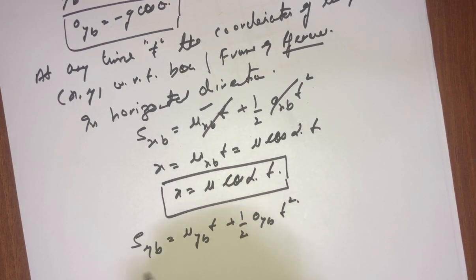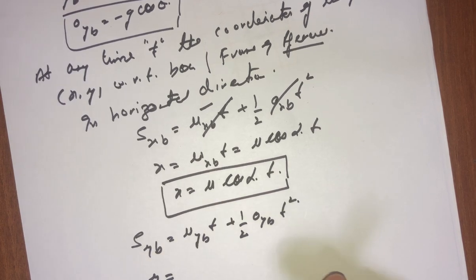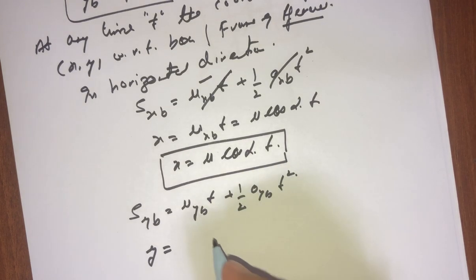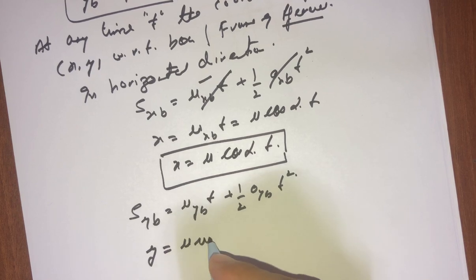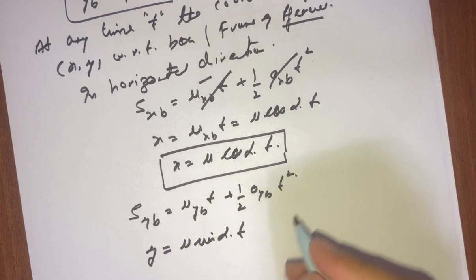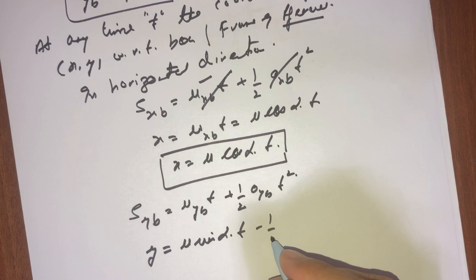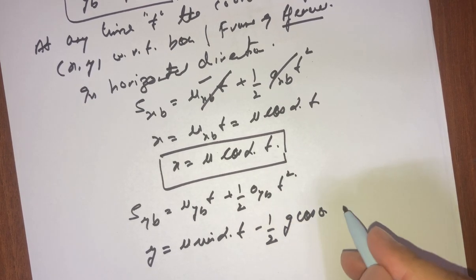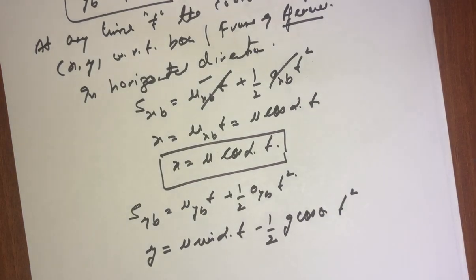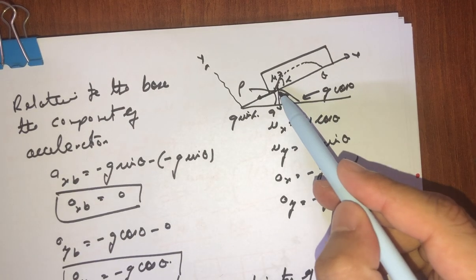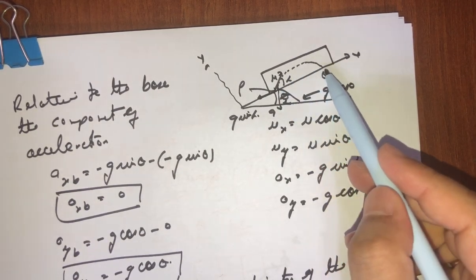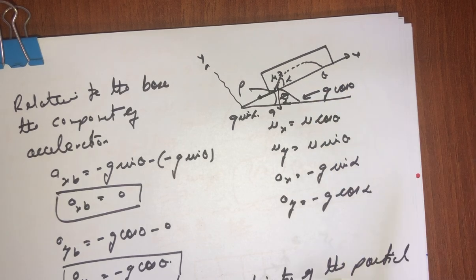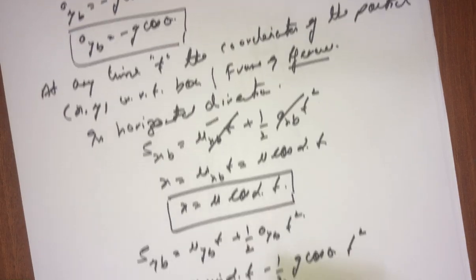So the vertical distance, if it is equal to y, we can write y is equal to u sine alpha into t minus half g cos of theta t square. As soon as this projectile is launched from P, and as it hits the point Q, the vertical displacement will be equal to 0.